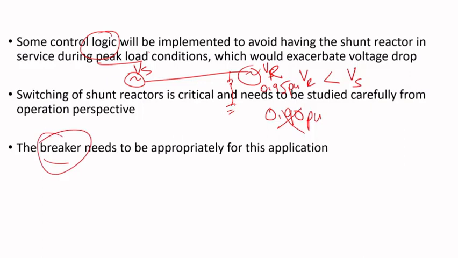The construction is the same, but manufacturers have to take into account other factors. So you have to be very clear that this breaker is for switching a shunt reactor in and out, and you provide the size and so on. That way, it's designed properly, like how to interrupt current, because now you have an inductance. So they have to take all that into account.